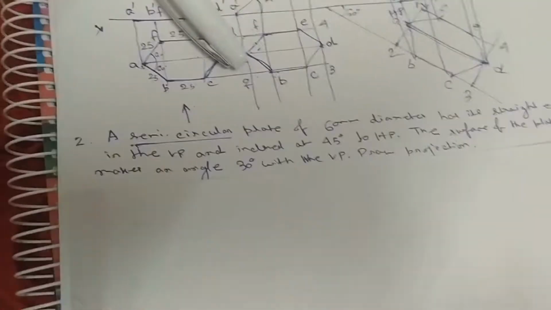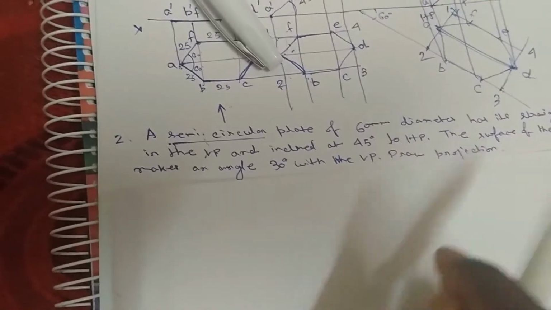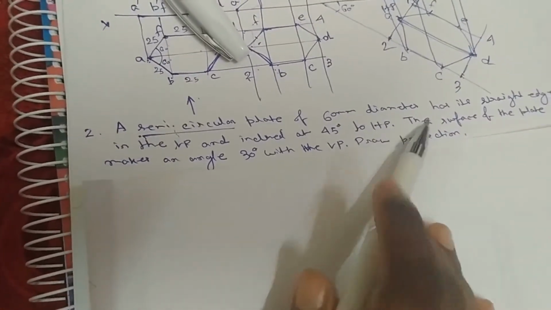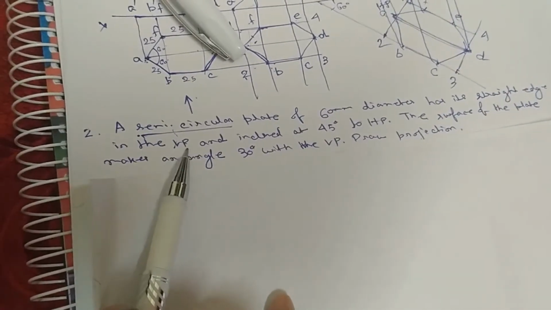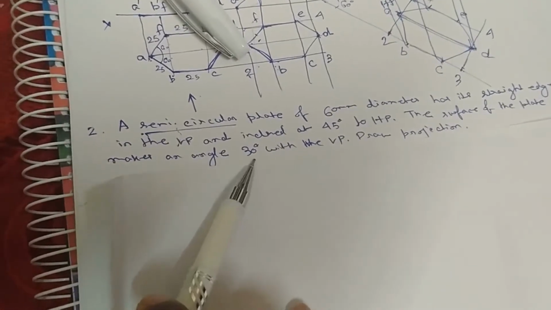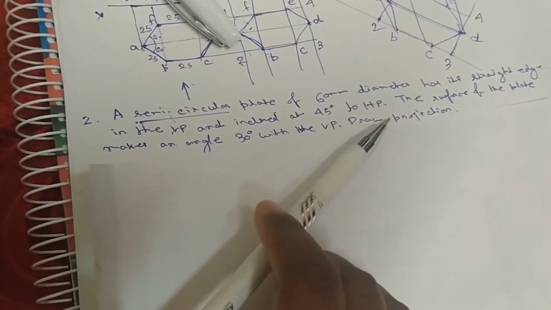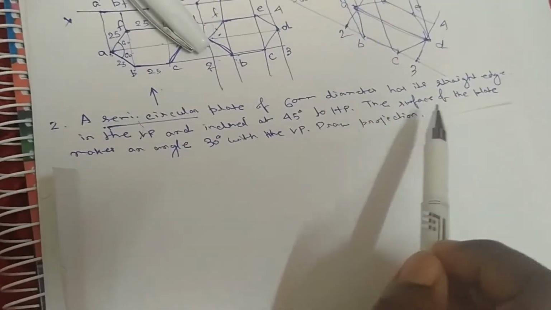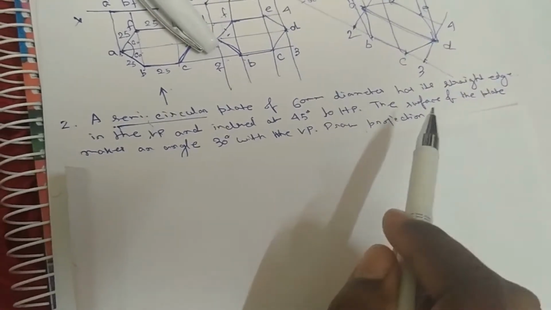So the first thing is, the plate is semicircular and diameter is 60 mm, and condition is that straight edge will be in the VP, and that edge is inclined at 45 degree to HP. The surface of the plate makes an angle 30 degree to VP.